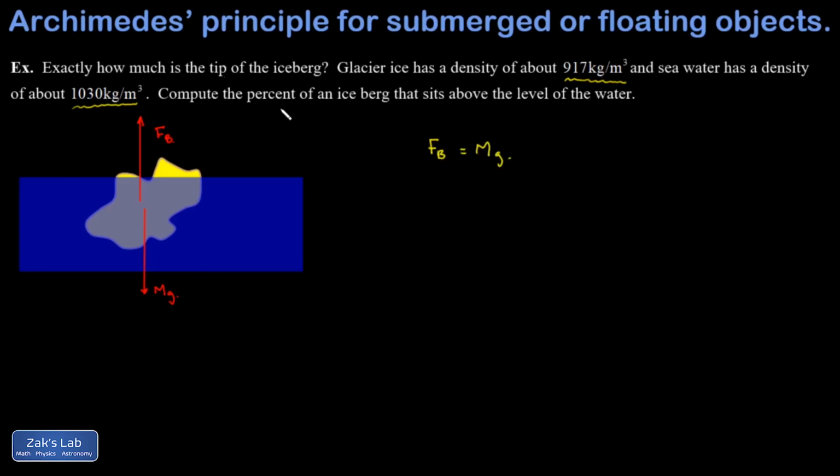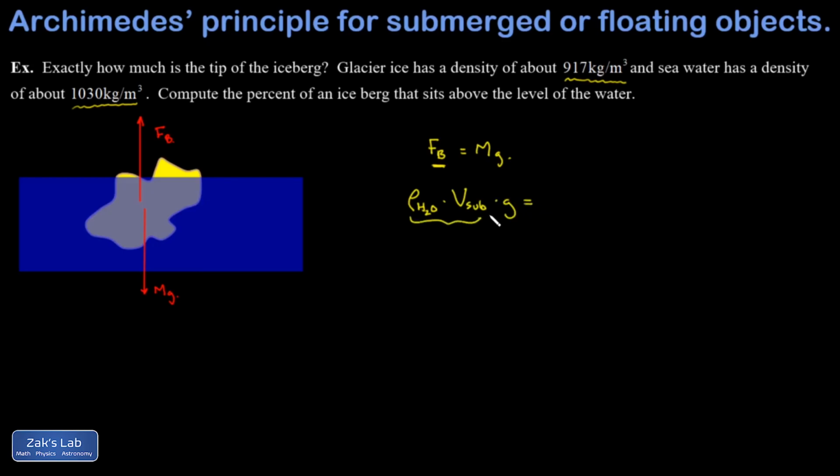But I'm trying to get a percent of the iceberg sitting above the level of the water, so I want these things expressed in terms of volumes. So what about that buoyant force? Well, it's equal to the weight of the displaced water. So that's going to be the density of the water, not fresh water, but seawater, times the volume of water that's been displaced. Well, that's equal to the submerged volume of the iceberg, times g.